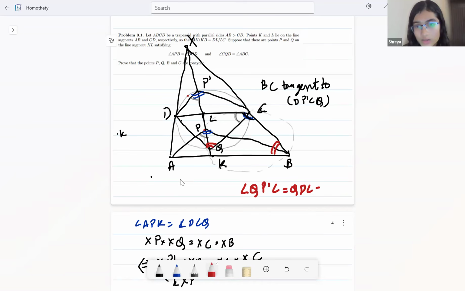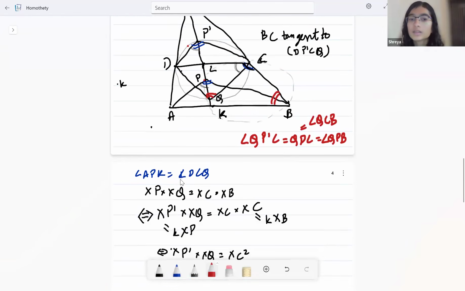Why? Yes, because of the homothety. And angle QDC is equal to angle QCB because of the tangency. Okay, yeah, so we are done.